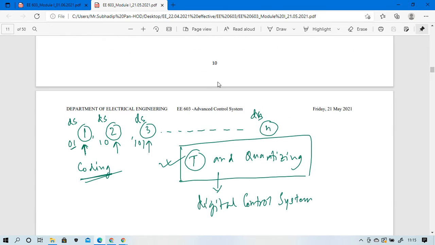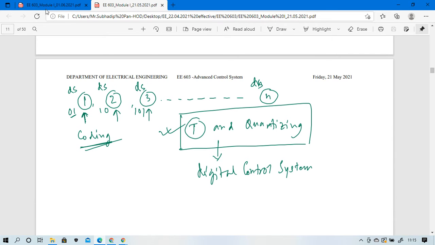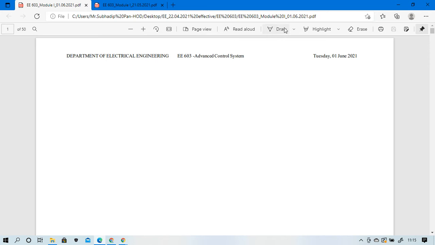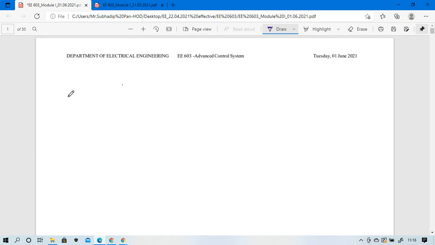Based on the time period T and the quantizing, these two things are very much important for the digital control system.